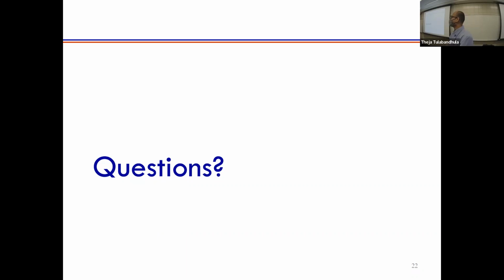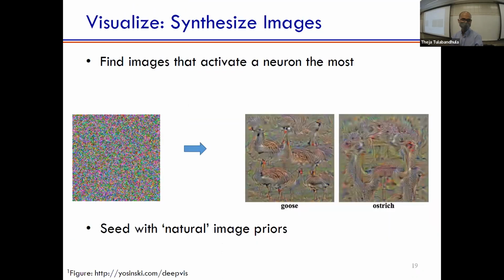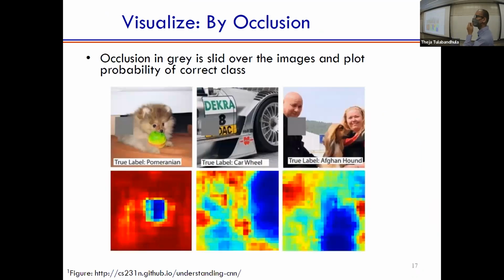Can you please go back to page 17? For the image on the right, there is a dog, right? For the color corresponding to the dog, it's blue, right? No. If I occlude this region, it's saying that the probability of this figure having a dog is 0.